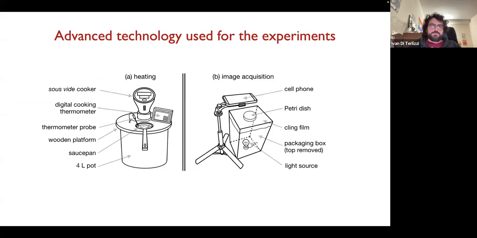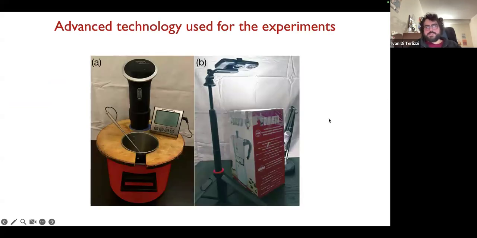Now, in order to study the sauce in different physical conditions, we decided to build an experimental apparatus, which, by the way, is very funny because we are all theoretical physicists, and we built this experimental apparatus from scratch. So this was the original idea, but what we ended up with was this. This is a sous vide cooker. I deeply recommend it to cook in a scientific way.